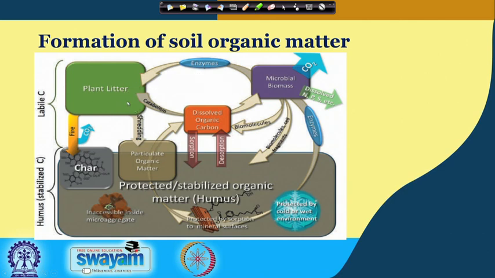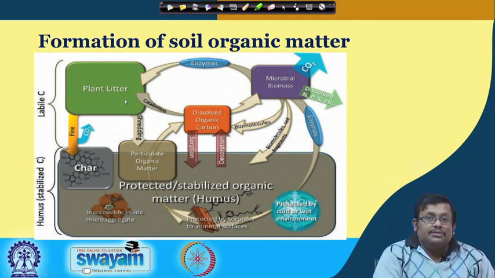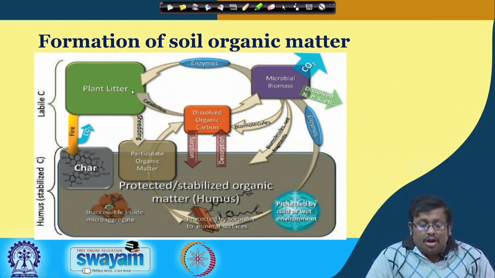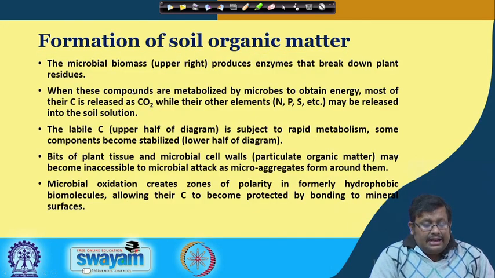Plants contain different types of components, as you know: cellulose, hemicellulose, starch, sugars, lignin. These enzymes decompose all the components. And when these compounds are metabolized by microbes to obtain energy, most of their carbon is released as carbon dioxide, while the other elements may be released into the soil solution.